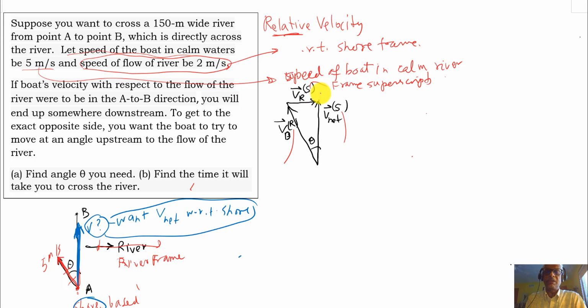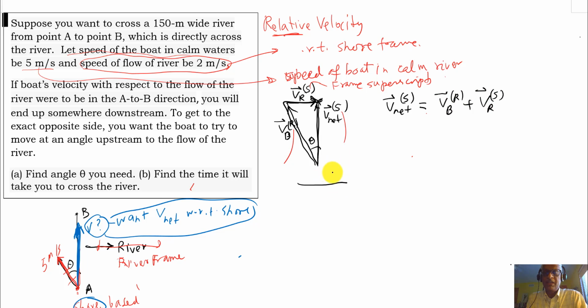Now this is a vector diagram, and in here it's very easy to say this vector plus this vector gets you to the same place as this vector. So V net is equal to V boat with respect to river plus V river with respect to shore. We can take the x-axis and y-axis directions.